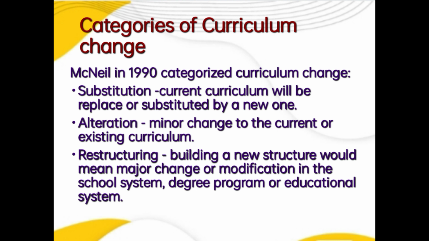So, the next one is alteration. So, in alteration, there is only a minor change to the current or existing curriculum. So, naalang siya kanang gamay nga changes. The next one is restructuring. So, building a new structure would mean major change or modification in the school system, degree program, or educational system.